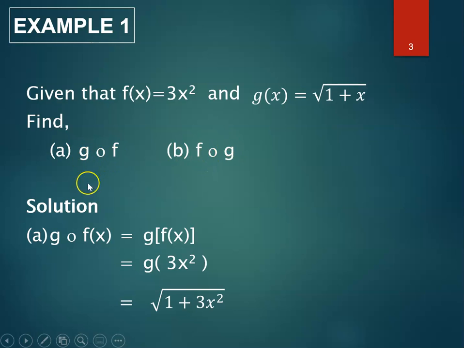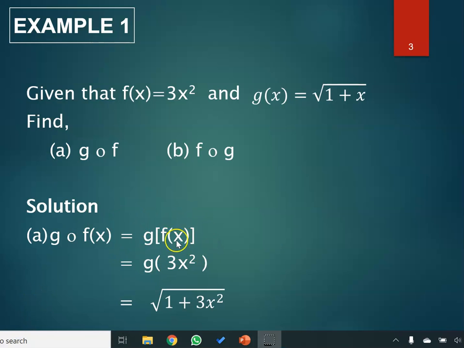So the first one, g dot f, you see over here, we have f as the last function. So this f function we're going to substitute into the g function. So you can write it down also in this form. Now you have function of x, which is 3x squared. So you're going to substitute this fx into the g.